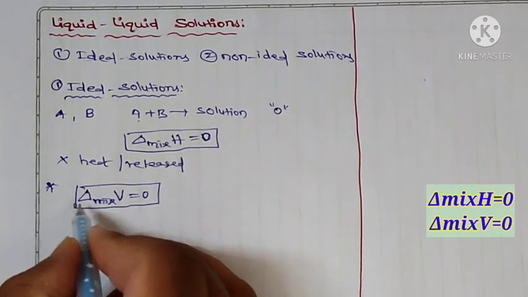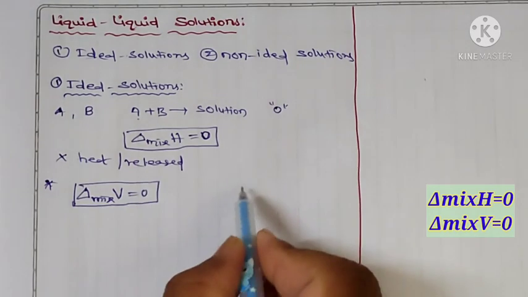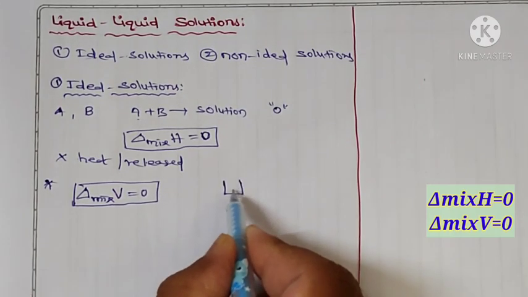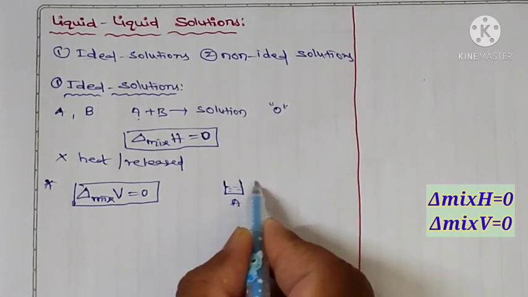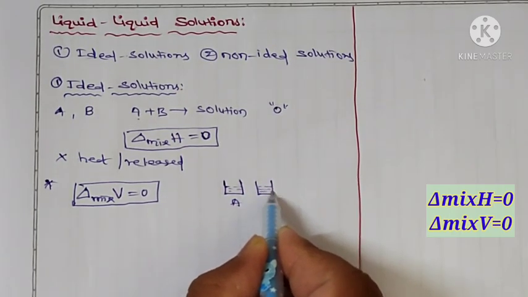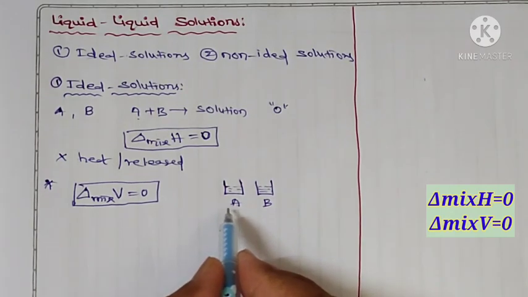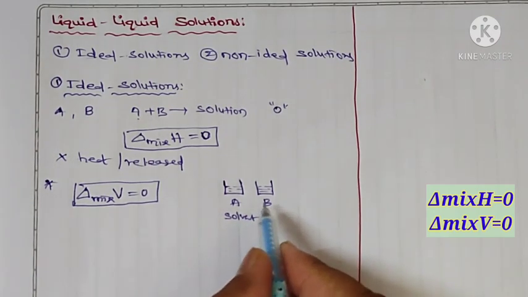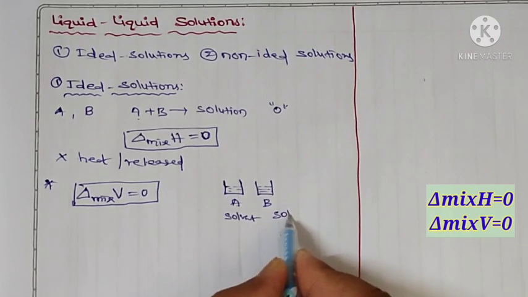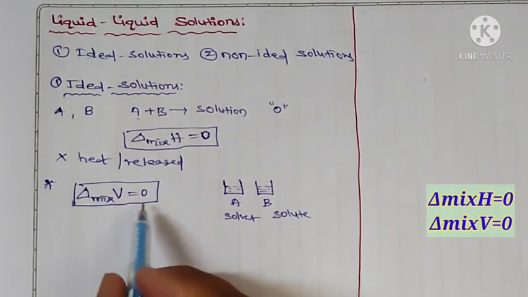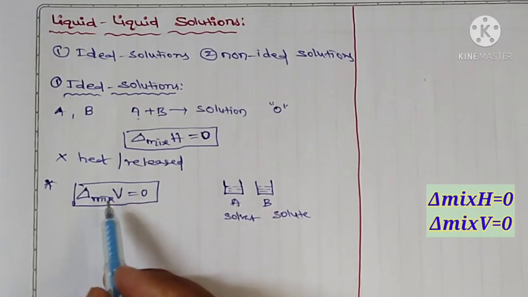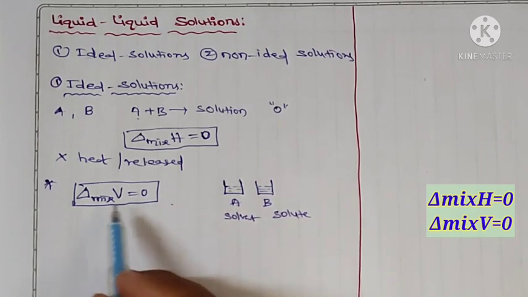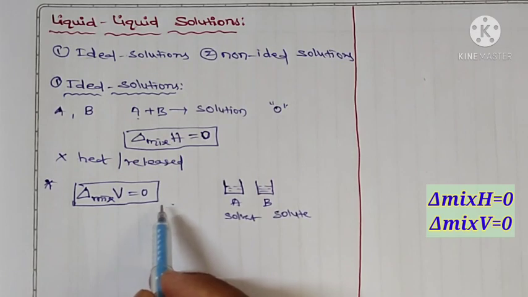Here this is component A and this one is component B. Component A, let me assume it as a solvent, and component B, let me take it as a solute. So delta mix V is equal to 0.